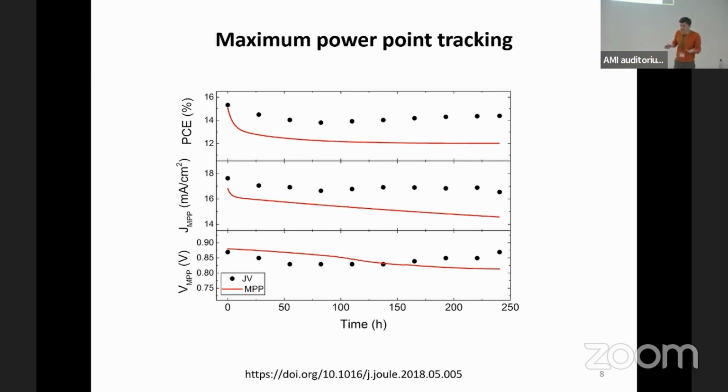So in reality, we were not measuring actual power output, but we were measuring more hysteresis. That was the trigger that pushed us to strongly encourage MPP. And now it's established that if you want to talk about stability, you have to measure the MPP.